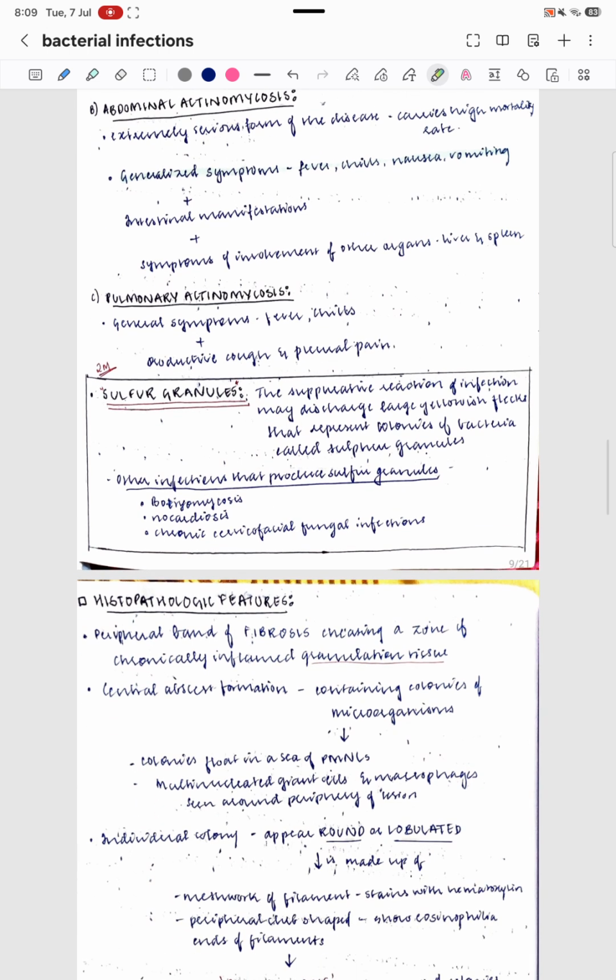Then coming to the pulmonary, it is also the same. It also has generalized symptoms, and here something different, that is cough is produced. Coming to the sulfur granules, we talked about this twice: the sulfur granules are a suppurative reaction of the infection, which are discharged in yellowish flakes that represent colonies of bacteria called sulfur granules.